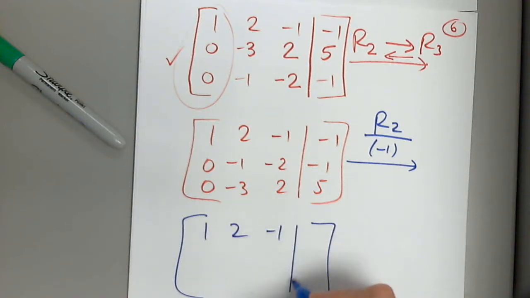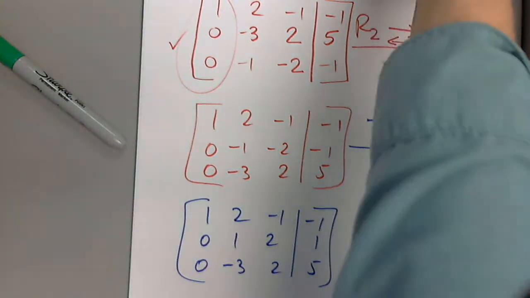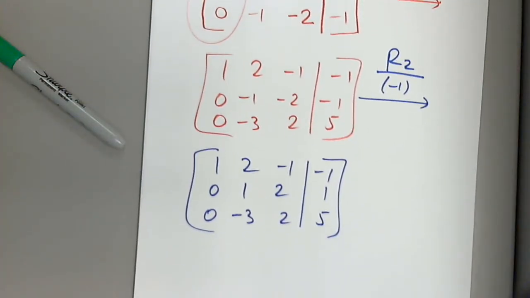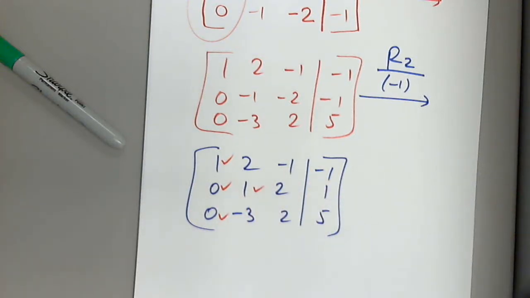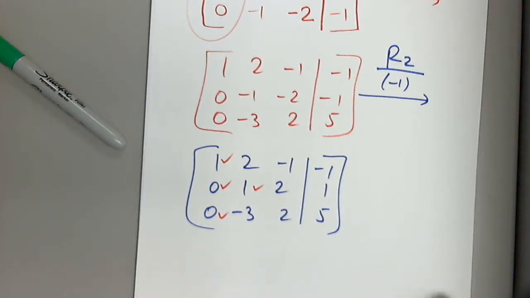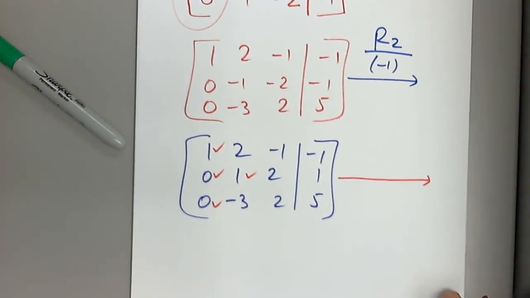1, 2, -1, -1, 0, 1, 2, 1, 0, -3, 2, 5. So what have I accomplished so far? Look what I have. Which row will I have to use now in order to get the corresponding 0 above 1 in the middle?